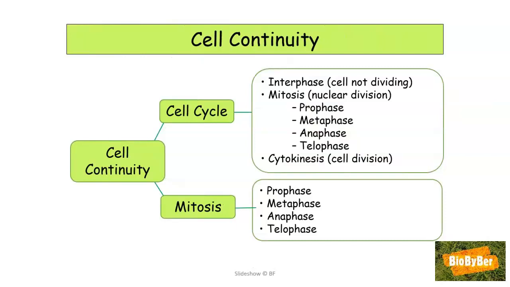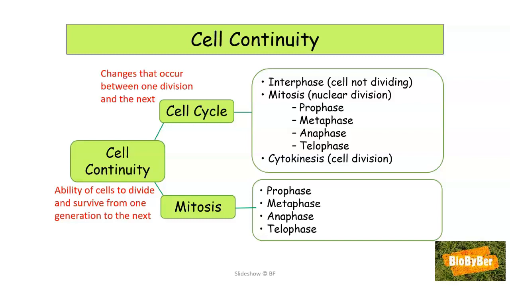So, in summary, when we look at cell continuity, which is the ability of cells to divide and survive from one generation to the next, we can look at it under two headings. We can look at it from the point of view of the cell cycle, which are the changes that occur between one division and the next, or we can look at this cell division totally from the point of view of nuclear division or mitosis.